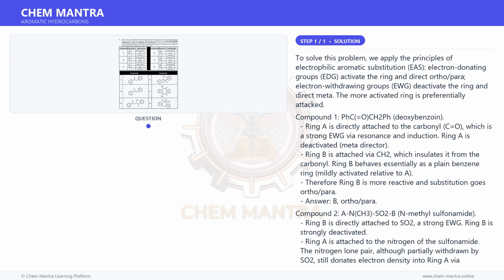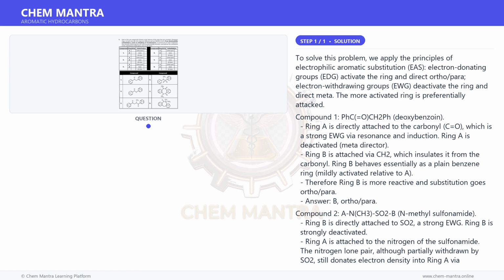Actually, ring B is directly bonded to the amide carbonyl carbon. In amides, C=O is still an EWG toward the attached ring. Ring B is meta-directed. Ring A, an aryl ketone, is also meta-directed but more strongly deactivated.